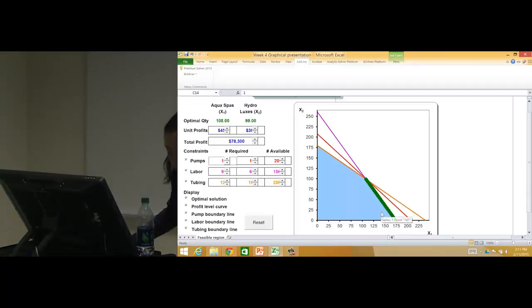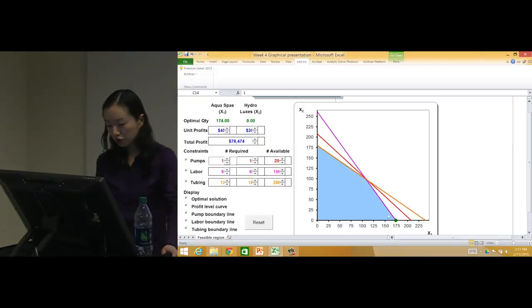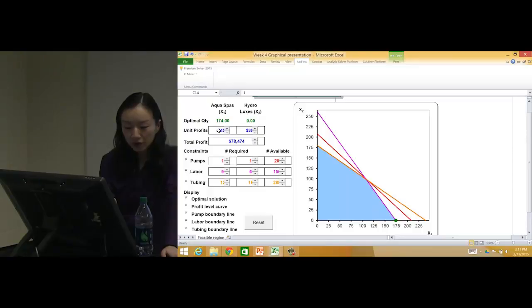And if you change it by one more, to 451, then the optimal solution changes to here. So we changed it all the way from 350 to 450 until the entire line becomes the optimal solution.